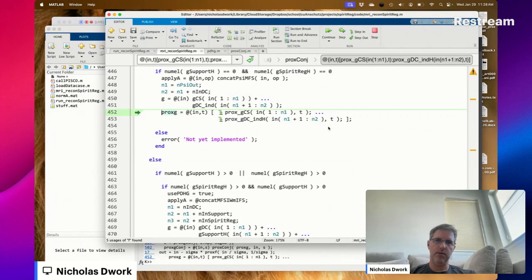What is prox F? It's prox G. Prox GCS, GDC indicator.